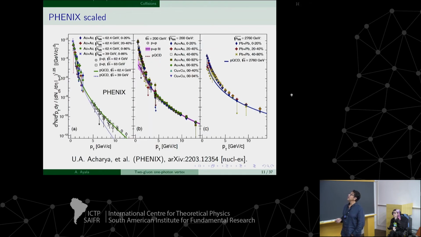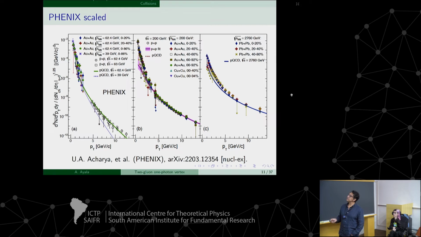Here is a beautiful compilation from PHENIX. This is a paper that just appeared this year, where they show results from gold-gold collisions at different energies. For instance, this is 62.4 GeV, with different centralities.